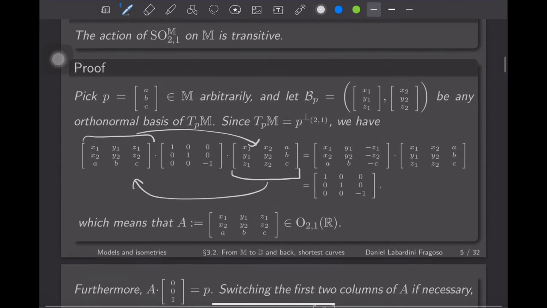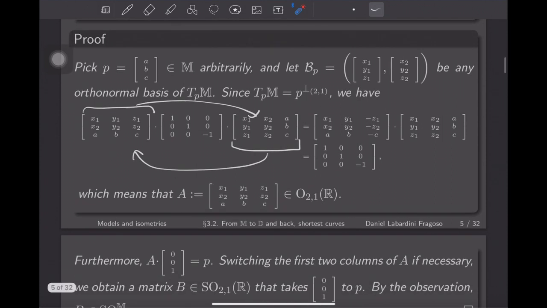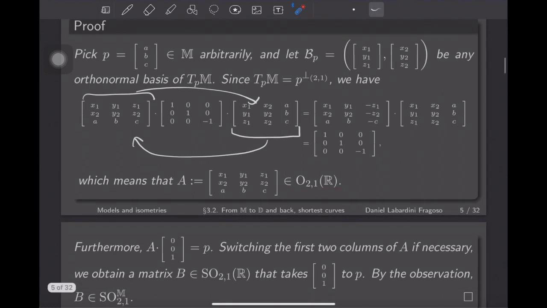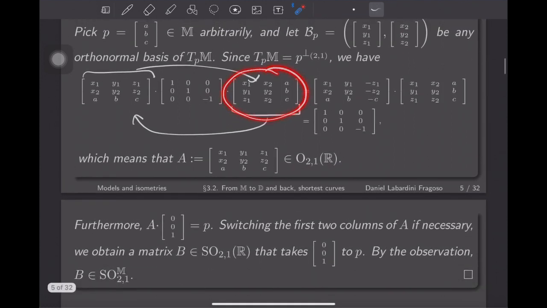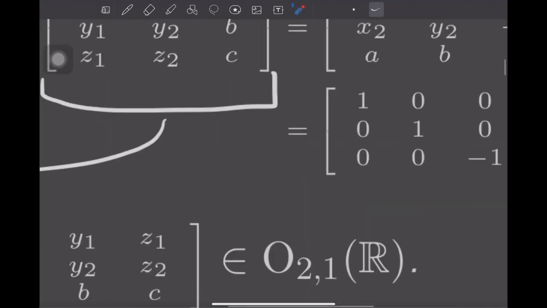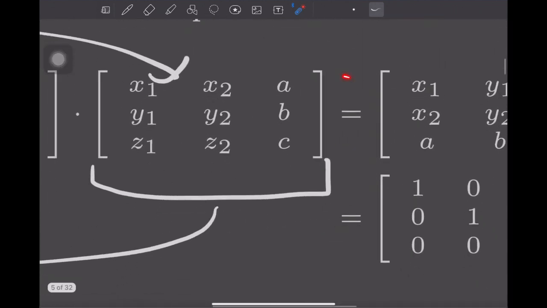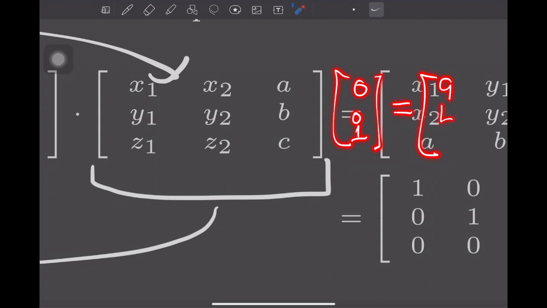Sorry about that, but it really is the same reasoning, and then what one finds is that this one lives in the Lorentz group, and then when I take this matrix, so this would be my matrix A, and multiply it with 0, 0, 1, it gives me, well, ABC, right, which is p.